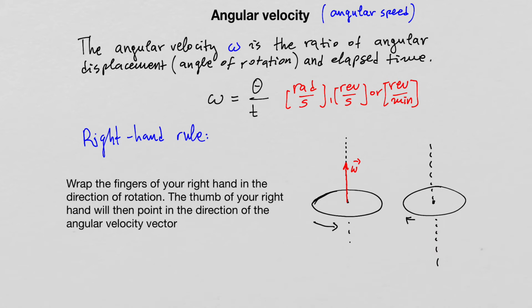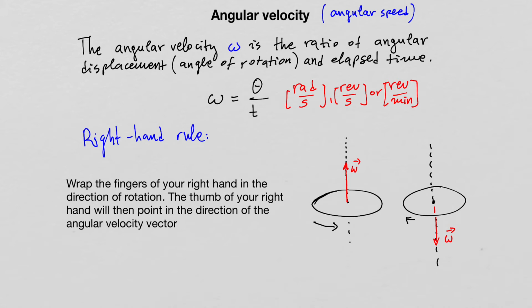So the angular velocity vector in this example will be directed down. This is a very straightforward and simple rule that can be used to determine the direction of the angular velocity vector.